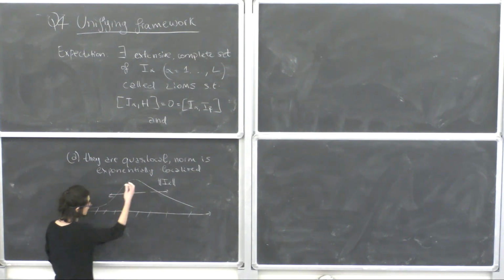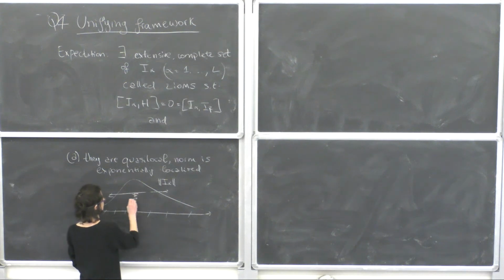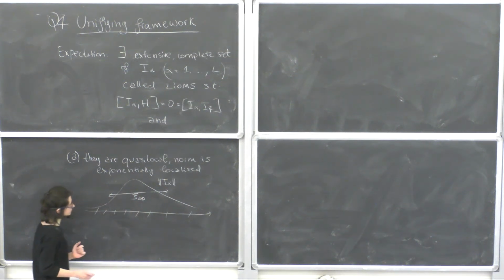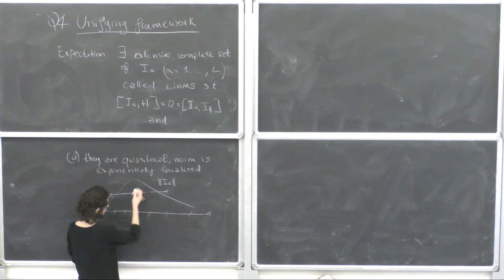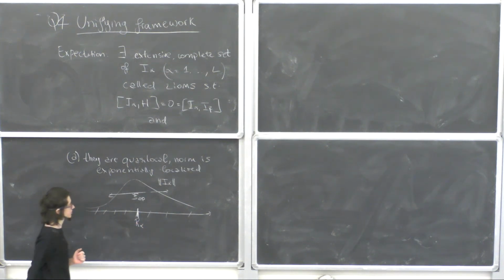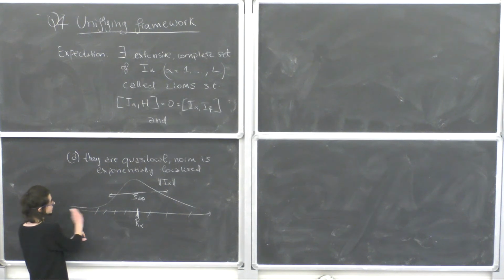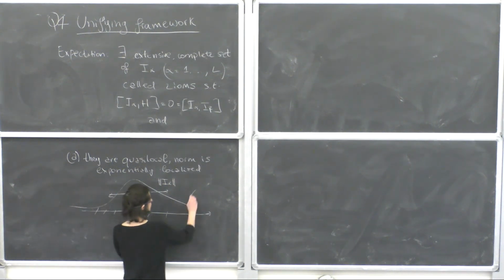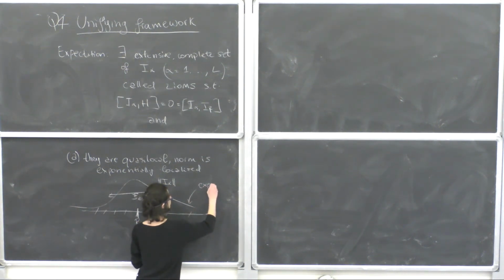There is a typical length scale, which I now call psi, many-body or operator, around a specific point, which I call the localization center of this operator. And then away from this localization center, I have exponential tails.